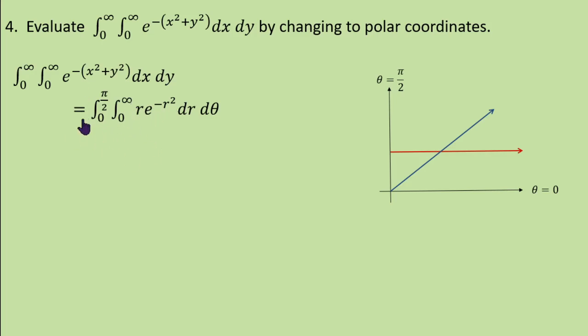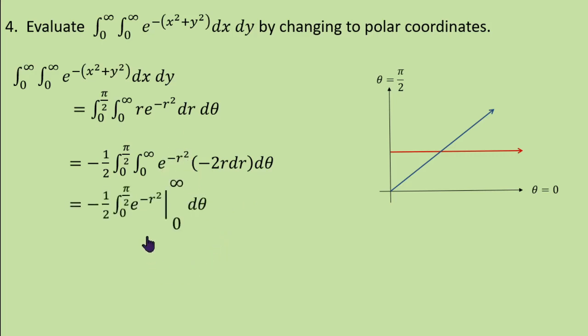Minus half into minus 2 is 1. Therefore, multiplying and dividing by minus 2 means minus half e power minus r square, minus 2r dr into d theta. Here, if minus r square is t, minus 2r dr is dt, e power t dt, integration of e power t dt is e power t.